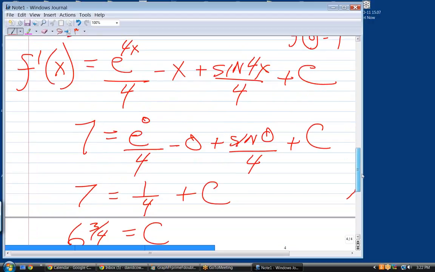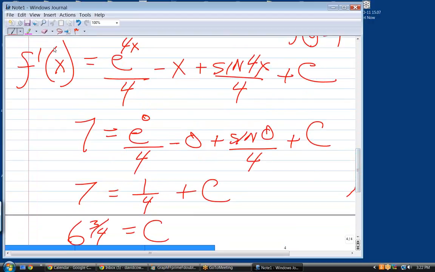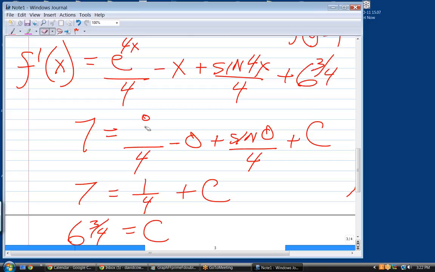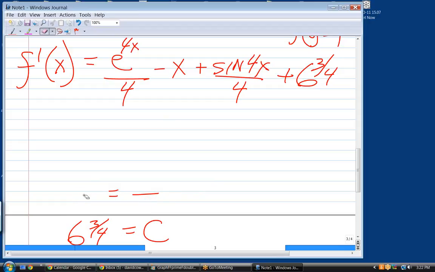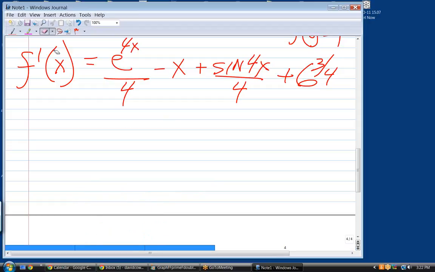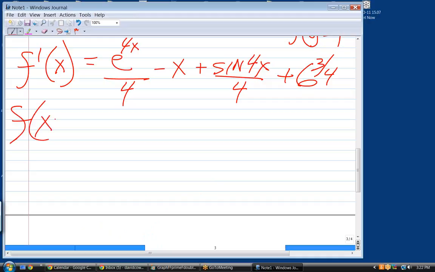Now we can go back into that function, plug in 6 3/4 for c, and we have our f prime of x. Okay? Now, to get f of x, we're just going to keep doing exactly the same thing. Okay. Tell me what I should write. So you could do.